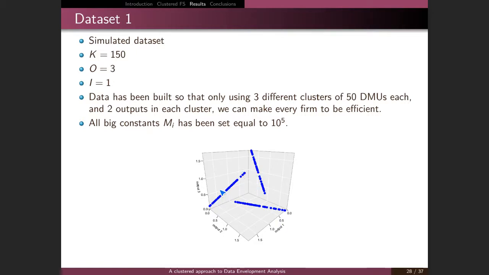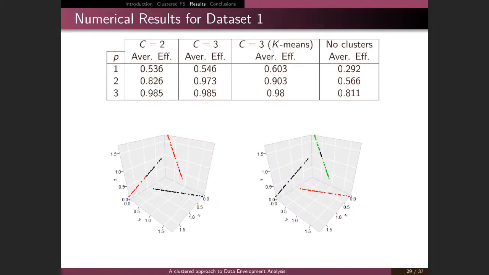For this cluster, we only use output 3 and output 1, and so on. As I have said, using 3 classes and 2 outputs, we can make every firm efficient, and the constants M1 and M2 have been set equal to 10 to the power of 5.